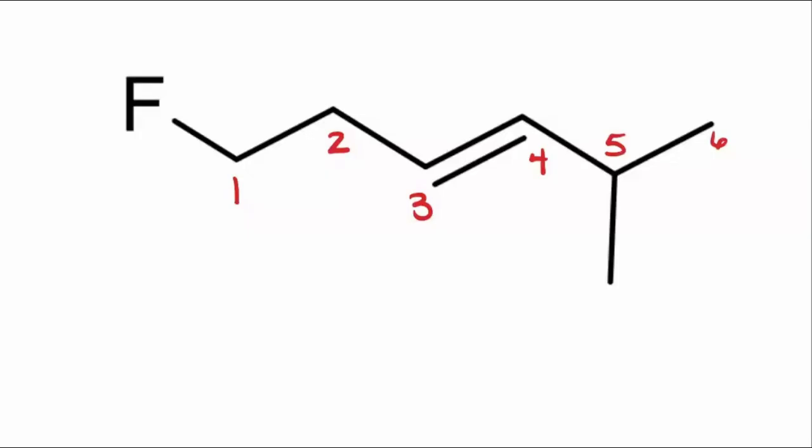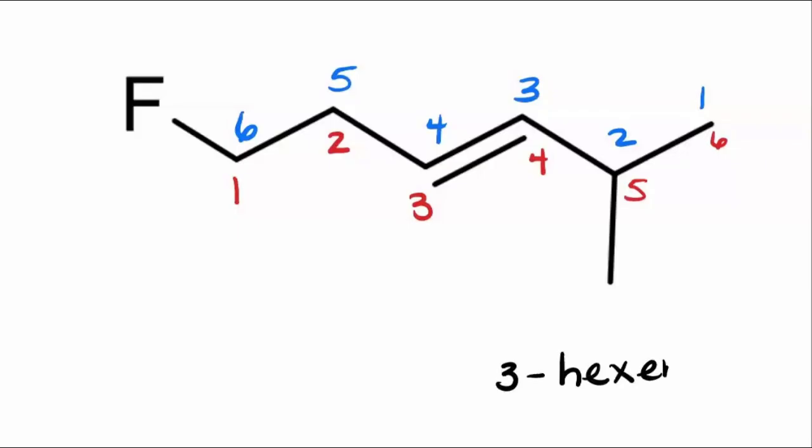But if we number this from right to left, we notice 1, 2, 3, 4, 5, 6. So regardless of which way we number it, left to right or right to left, this is going to be a 3-hexene.